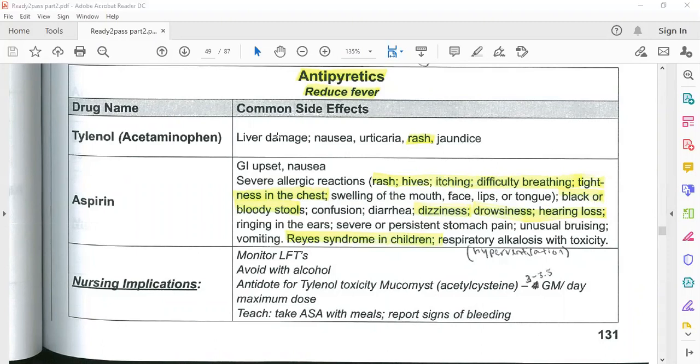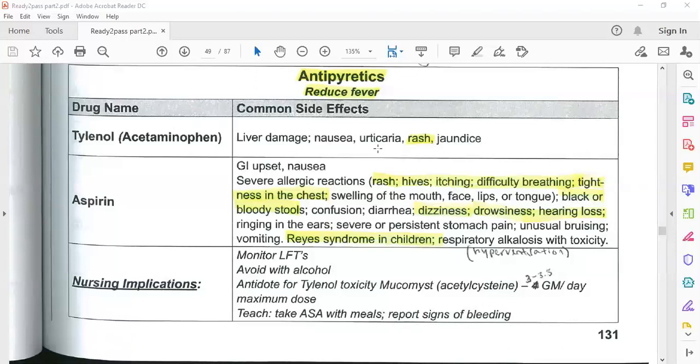If the patient has a liver problem or damage, they have jaundice, sometimes very bad itching, right? Or the side effect of acetaminophen can cause urticaria.